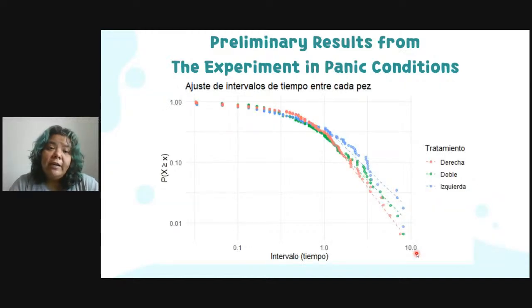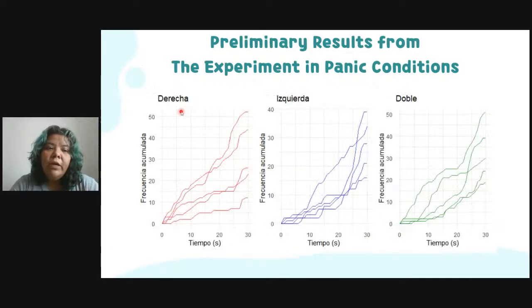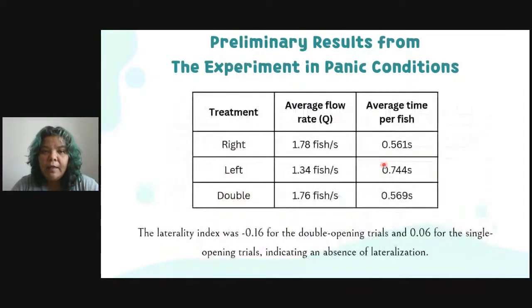We also did a power law tail proof, and we can see that the flow is basically the same in all the 3 conditions. We also did these graphs for evacuation curves. Each line represents a test, and again, it's basically the same.